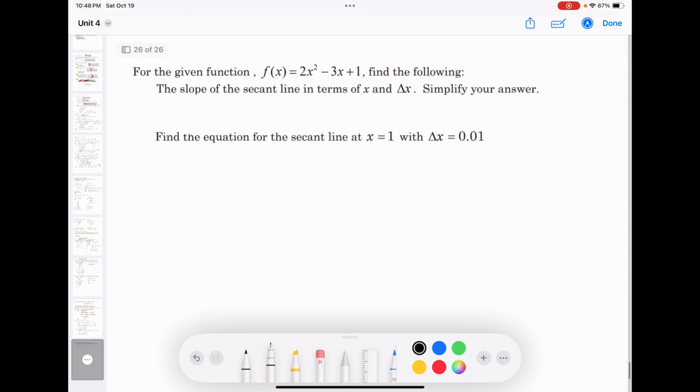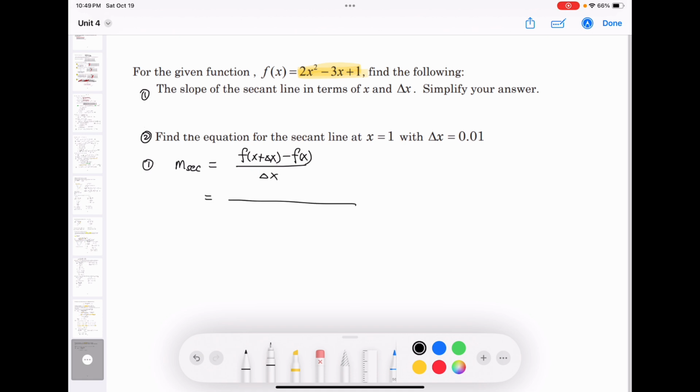So next one, we have a function expression and we want the slope of the secant line in terms of x and delta x, simplified. We have learned the formula, so the slope of the secant line is equal to f of x plus delta x minus f of x, divided by delta x.